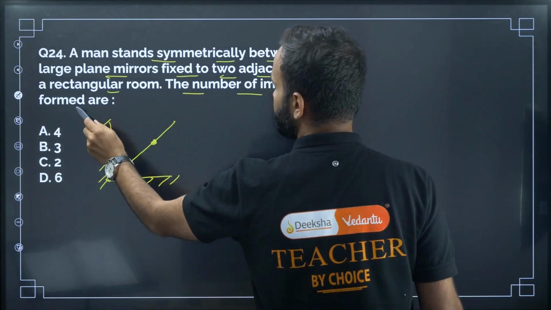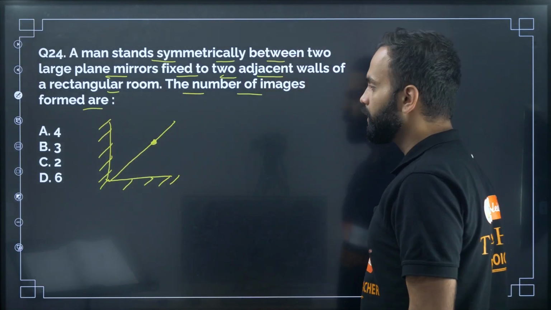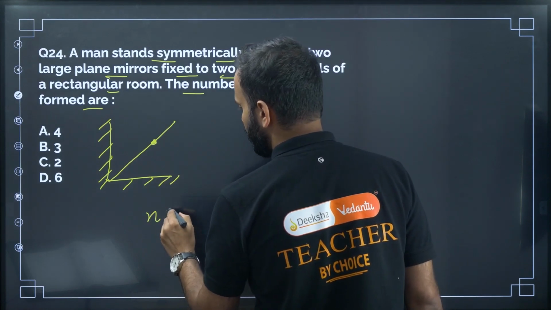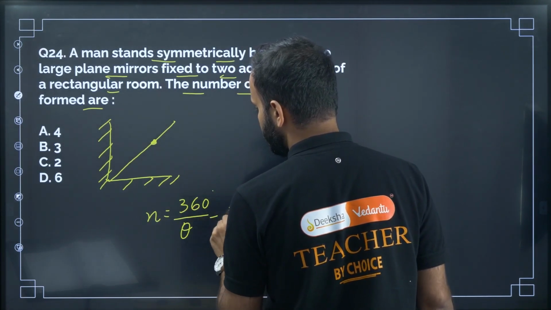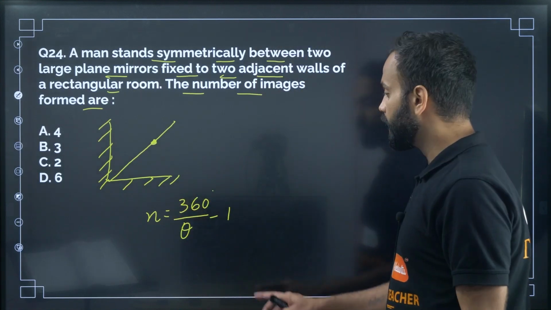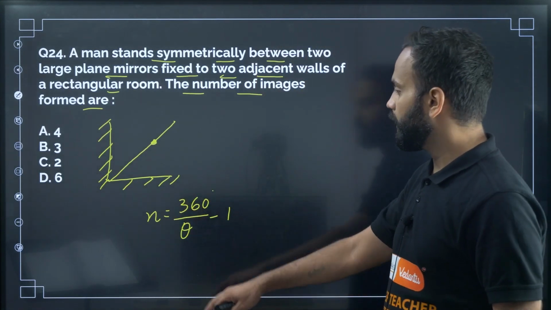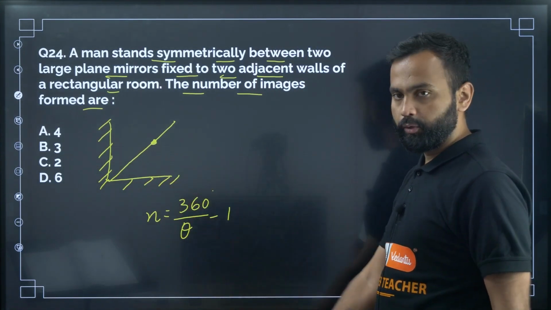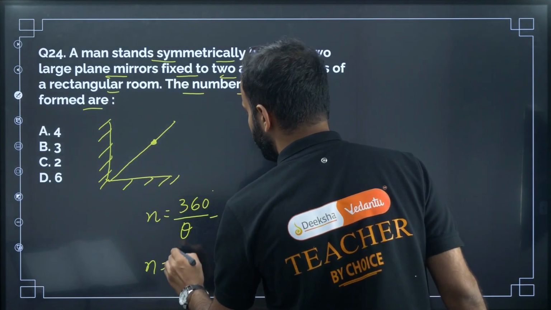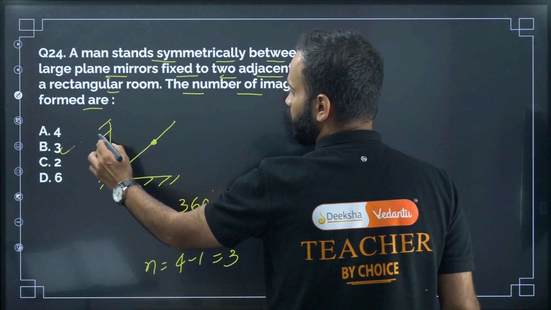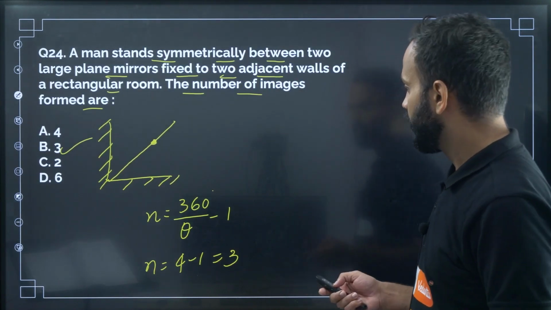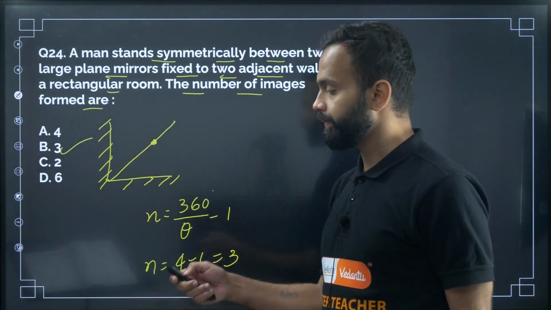The number of images formed, simple one, right? Use this formula: n equal to 360 degree divided by theta minus 1, right? Theta is the angle between the two plane mirrors, 90 degree. So n equal to 360 by 90, that is 4, minus 1, which is equal to 3. The correct option is B.